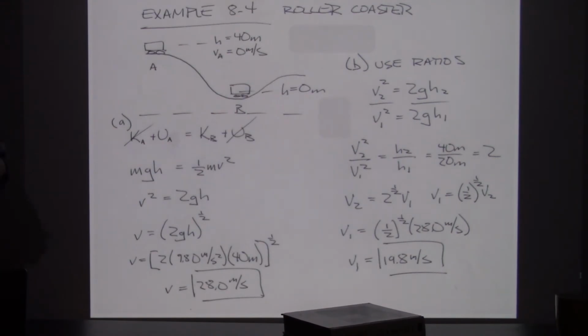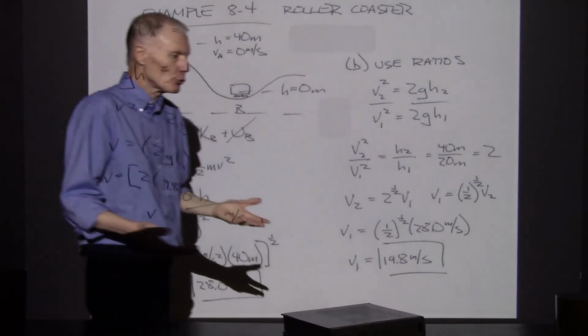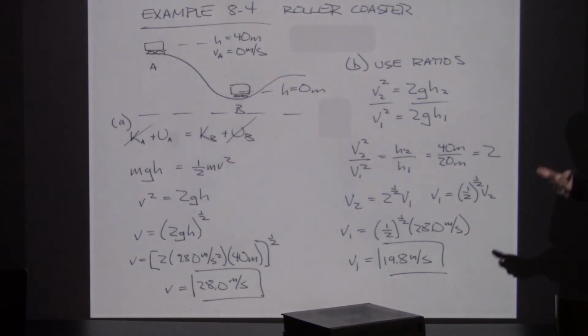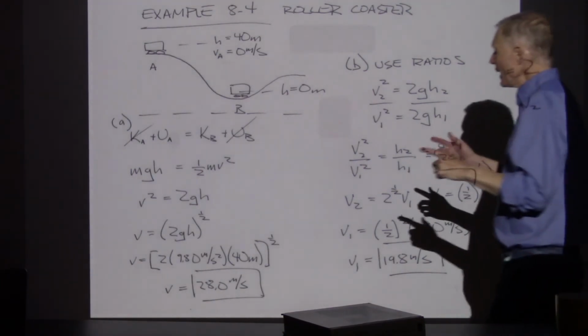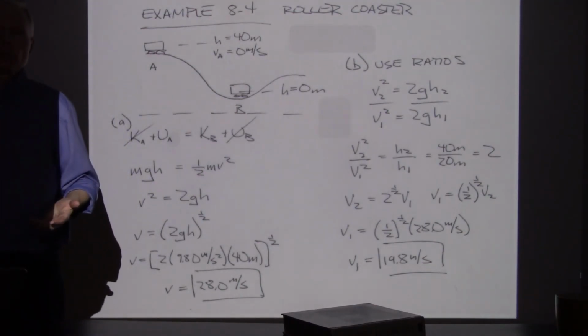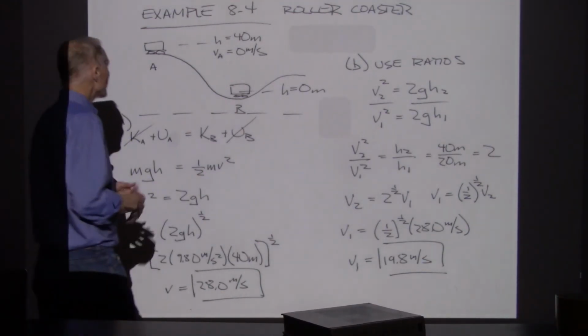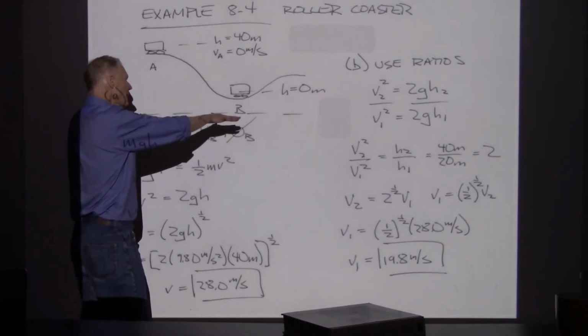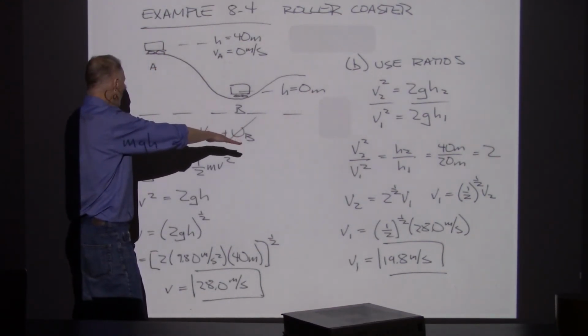Now, maybe what you're wondering, and I think you should be wondering, is, well, sure, this is kind of ideal, but in the real world, does energy conservation just become useless? And it doesn't. So what happens is, if I have non-conservative forces, let's say that there is friction, there is air resistance, how can I make energy conservation still work?